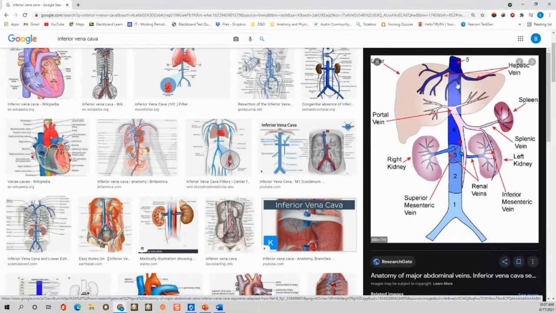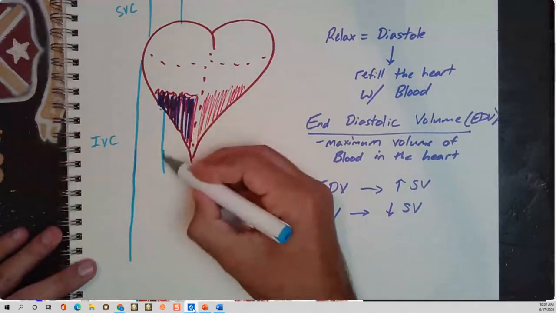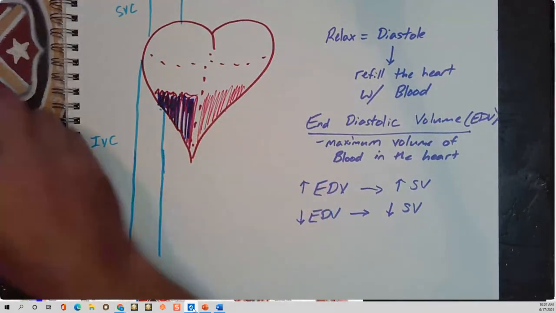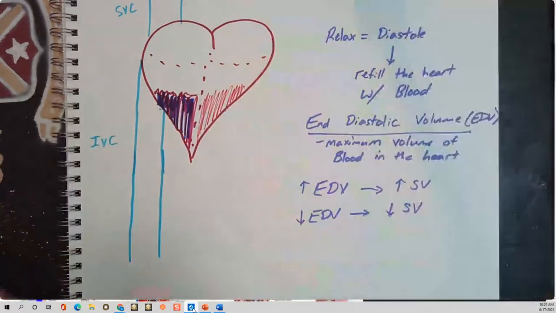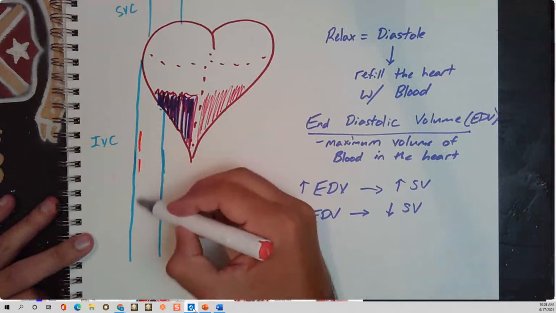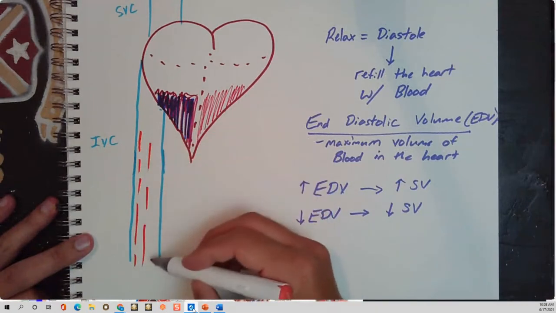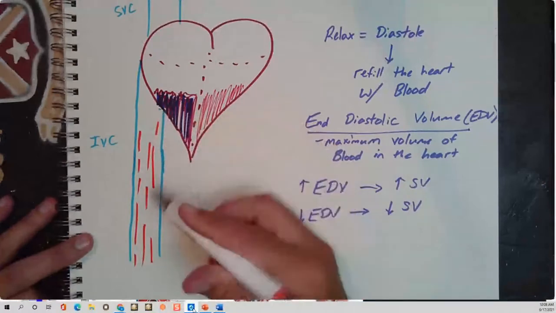The second cool thing about veins in the inferior vena cava is that they are actually kind of stretchy. There's not a lot of muscle around them, but there is some. This inferior vena cava right here has smooth muscle, just not bands of smooth muscle, but it does have smooth muscle that runs in the same direction as the inferior vena cava.